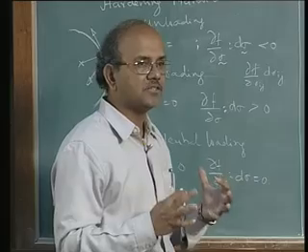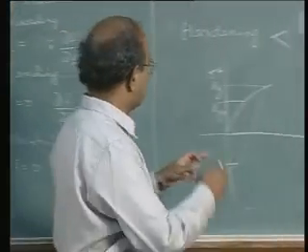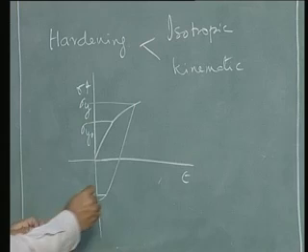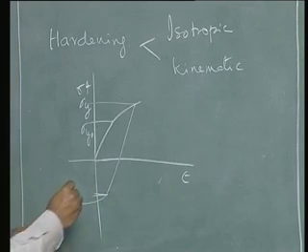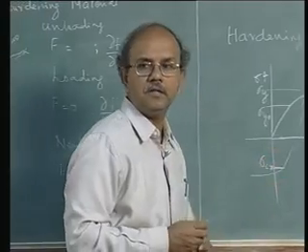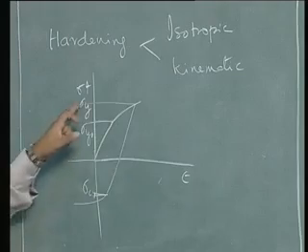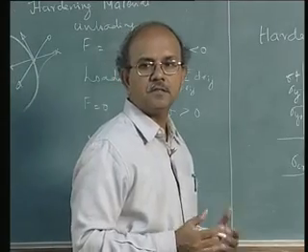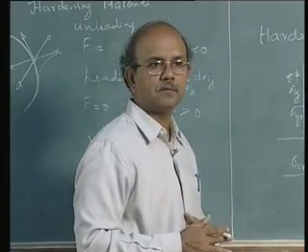What happens when there is isotropy? That means that this, let me call it sigma cy, where sigma cy is the compression yield, when it is equal to sigma y, the behavior you can call isotropic.